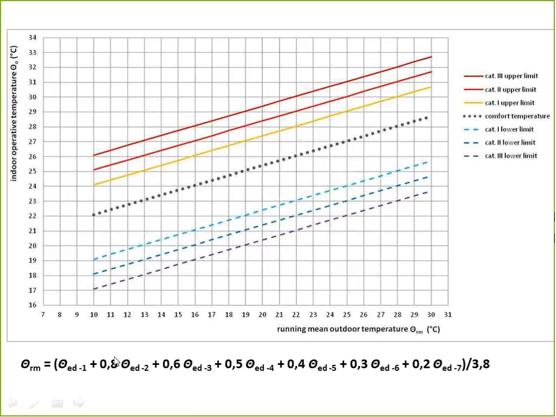It's basically a weekly mean temperature where you weigh the temperature of the day before higher and then lower and lower, where people often change their clothing and so on depending on the outside temperature. So this gives a range for this running mean outside temperature, and then you give a range here also for different categories of operative temperatures which would be acceptable. So these are the two methods which will be involved when we talk about the thermal environment.